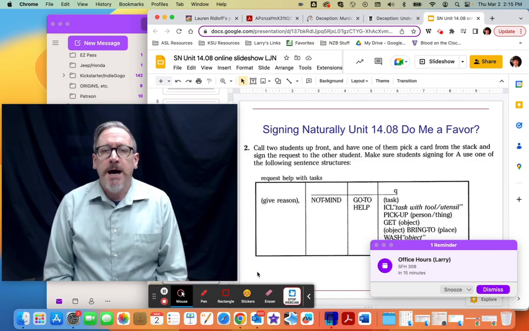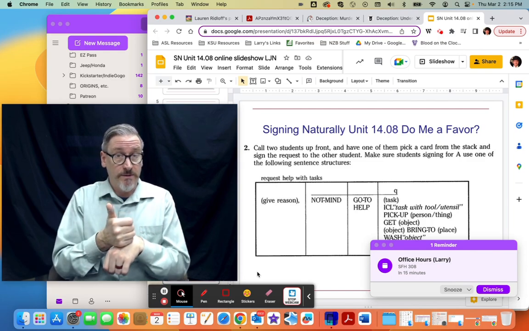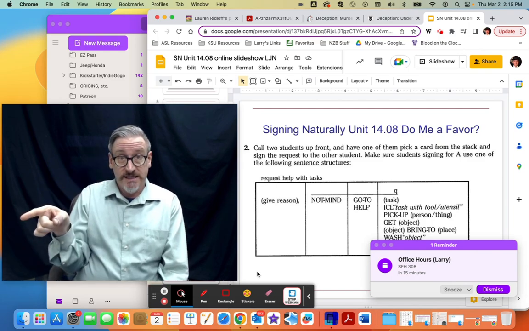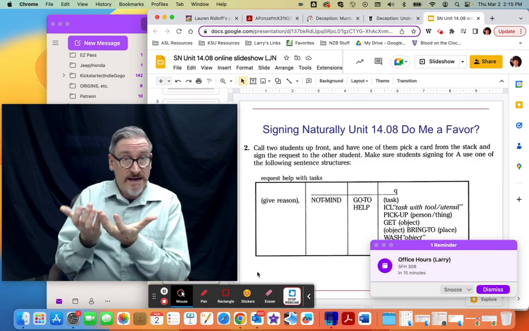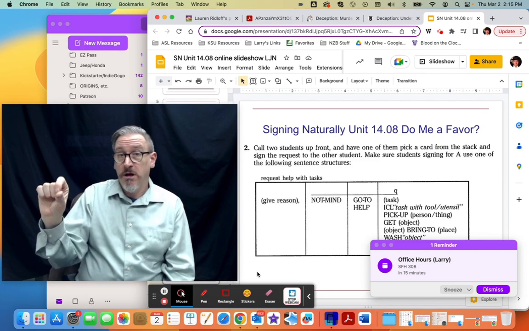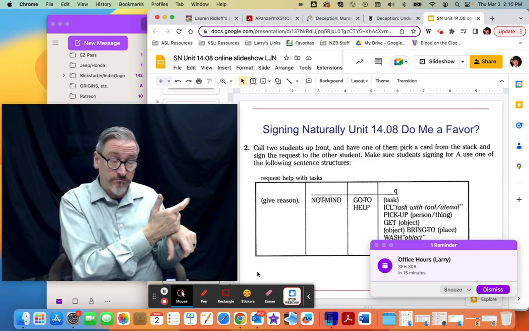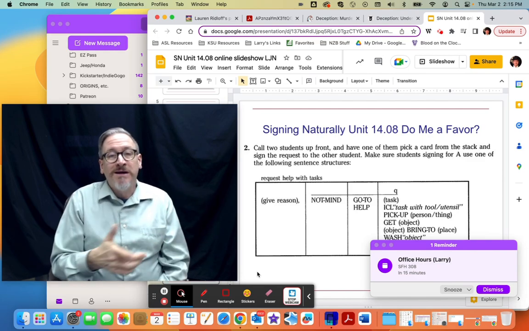So a good way of setting that up is define what that place is: work, class, school, home, something. Go pick them up, and then you're going to go over to here, and then you introduce the new thing: school, work.